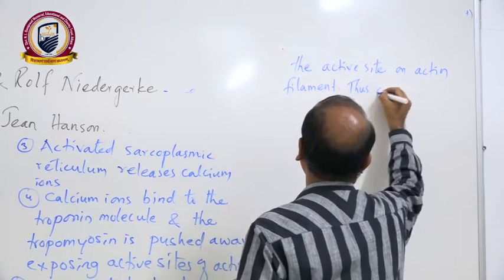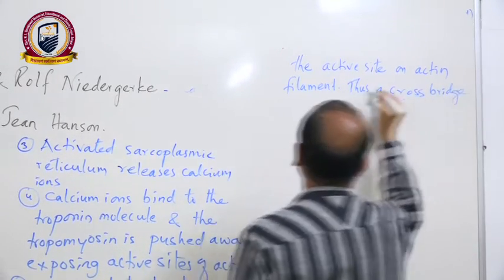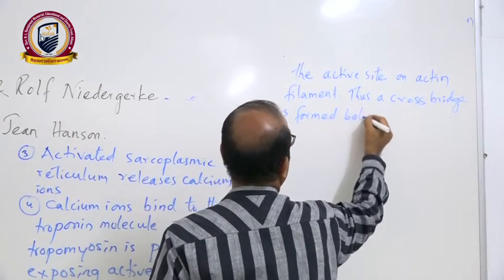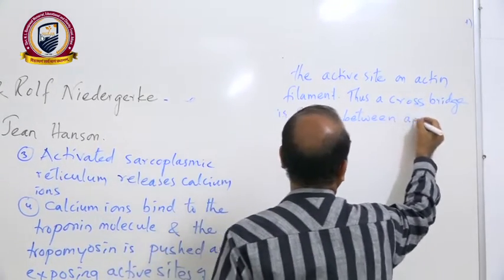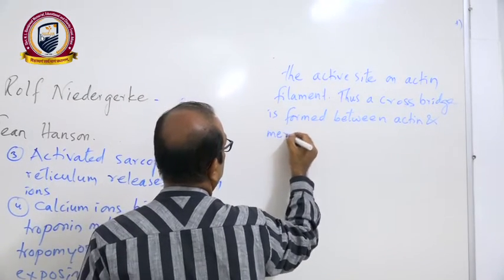Thus, a cross bridge is formed between actin and myosin.